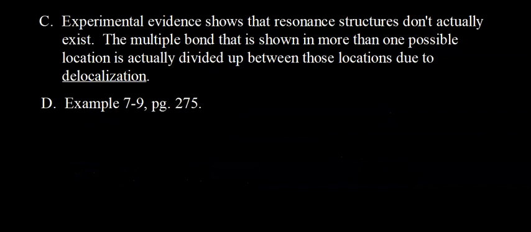So let me show you another way of drawing the resonance structure for sulfur trioxide. The oxygens have sigma bonds that they form with sulfur, those single bonds there. And then the other pair of electrons are delocalized and they can move around. Let me show you how to show that.